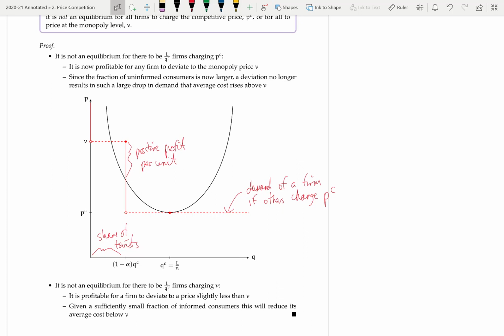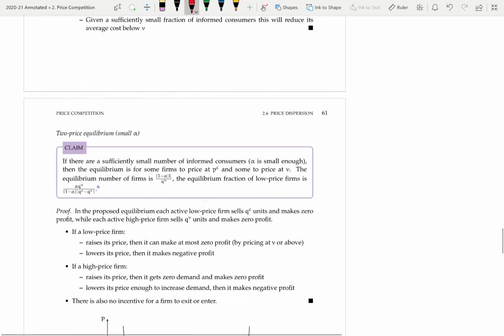Well, if each of the firms are pricing at V and selling QV units, the quantity where the monopoly price is equal to average cost, they're going to be making zero profit. But if a firm were to deviate and lower its price slightly below V, then they're going to get the informed consumers, and this is going to reduce their average cost below V.